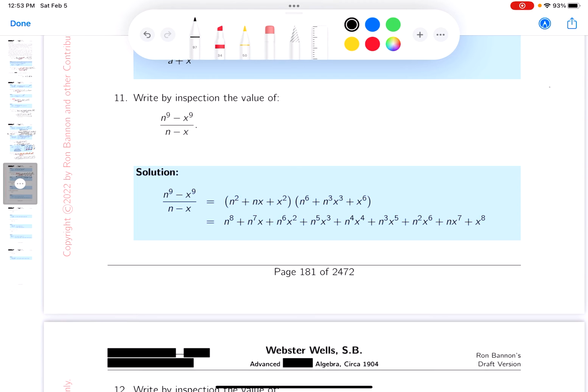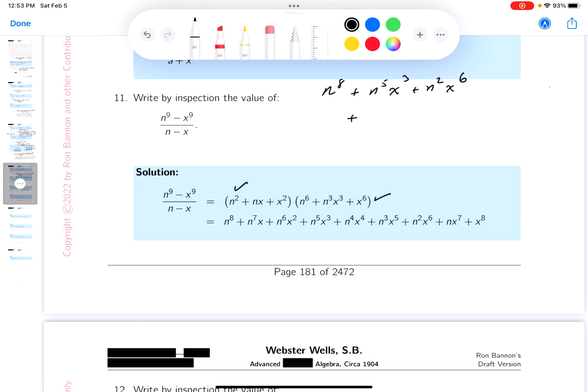So what I want to do is take this guy here and just multiply it through. I'll write it down for you very carefully. n squared is being distributed across those three terms. So what would you get? You would get n^8 plus n^5 x cubed plus n squared x^6. That's done. Now I'm going to distribute nx across those three terms, and what would you get?